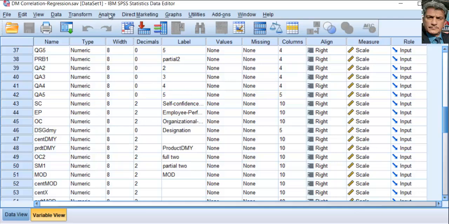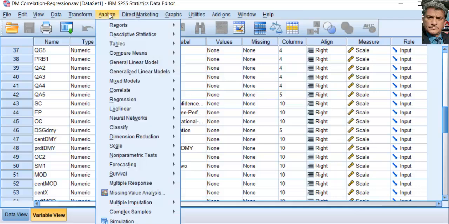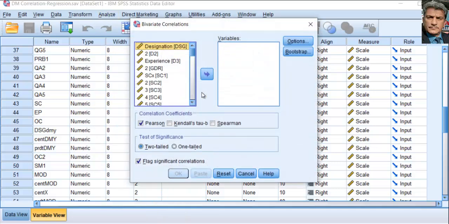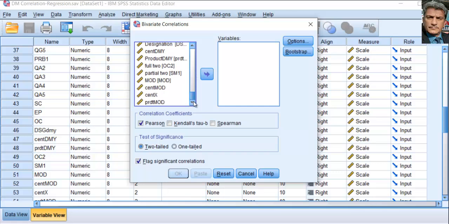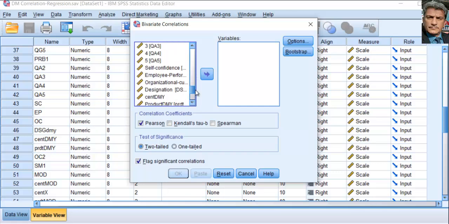To run the correlation, we click on Analyze and then select Correlate and Bivariate. In this pop-up window, we shall first put the predictors, self-confidence, organizational culture, and designation, and finally the test variable or the dependent variable of employee performance.